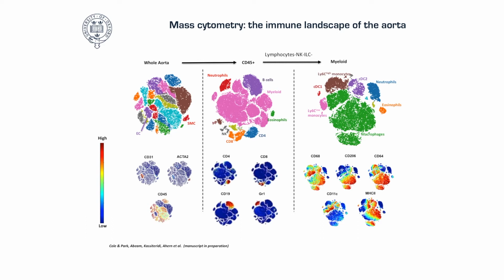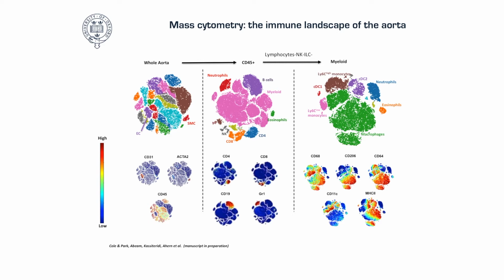The majority of these clusters are CD45 positive, highlighted here, but you also have CD45 negative cells, for example CD31 positive cells, which are endothelial cells, or smooth muscle cells, which express smooth muscle cell actin. And of course, the more antibodies you use, the more you can recognize these clusters in separation.